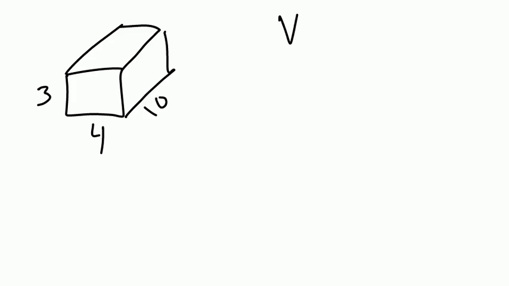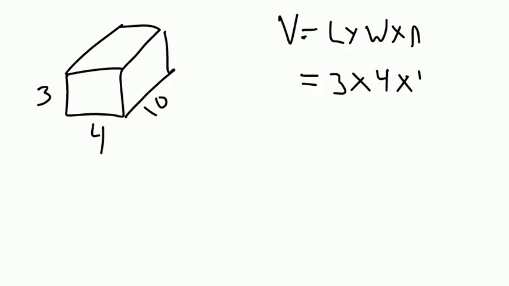To find the volume of this, it's the same as if we're finding the volume of the cube, so it's going to be length times width times depth. In this instance, we have 3 times 4 times 10. If we do some quick math, we see that this ends up being 120. And of course, this is units cubed.